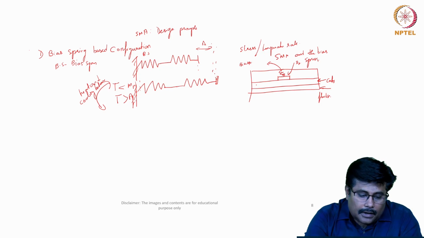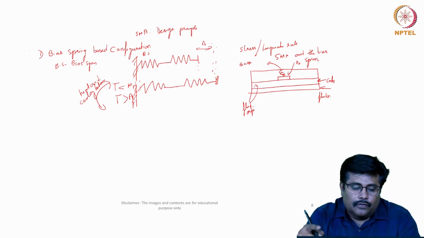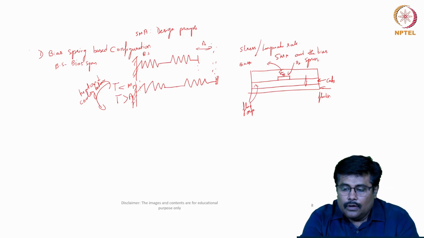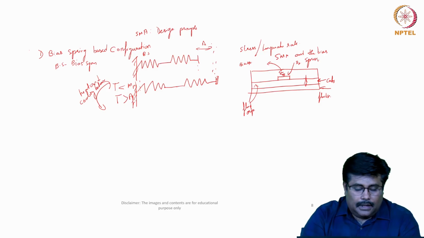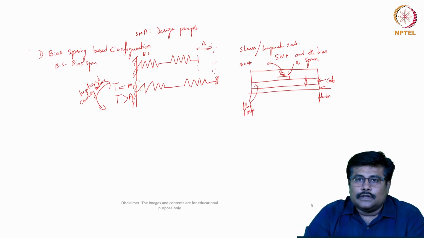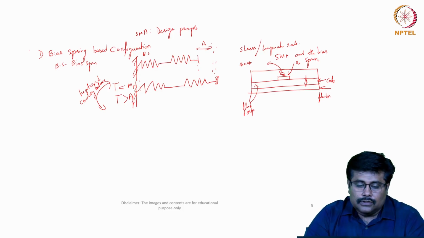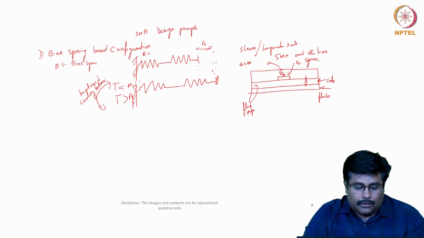Then there is a kind of fluid orifice arrangement. This fluid orifice will take care of the overall modulation between the structures. So this is one configuration, which is called a bias spring based configuration, and the other configuration we also call an antagonistic configuration.